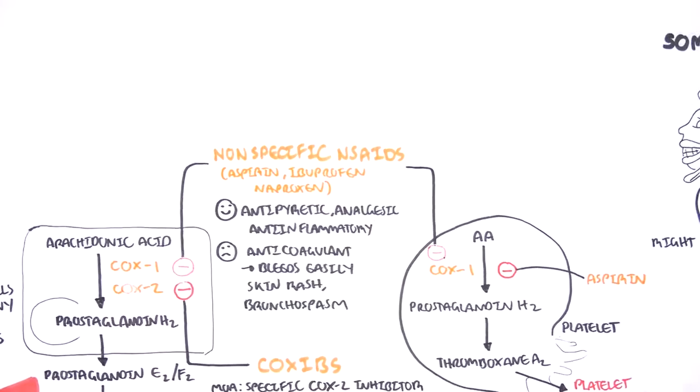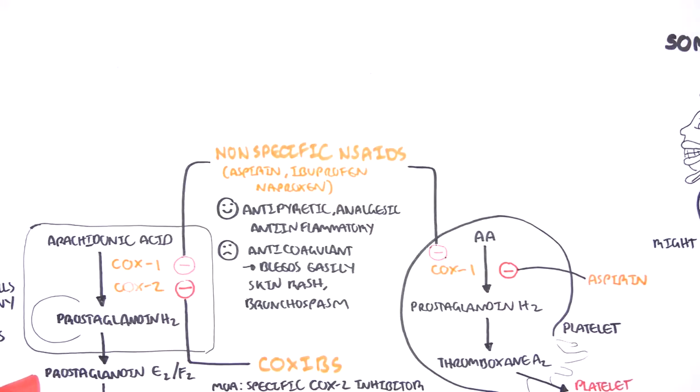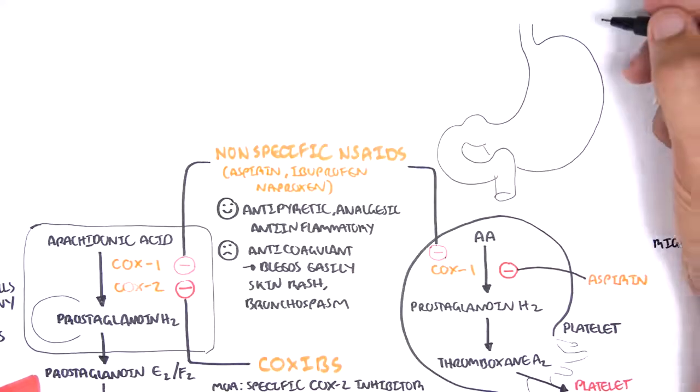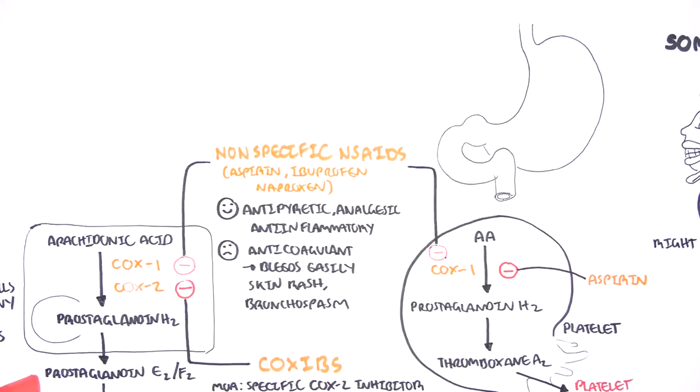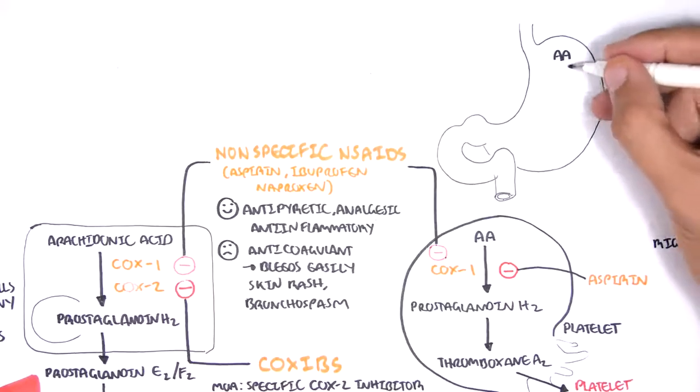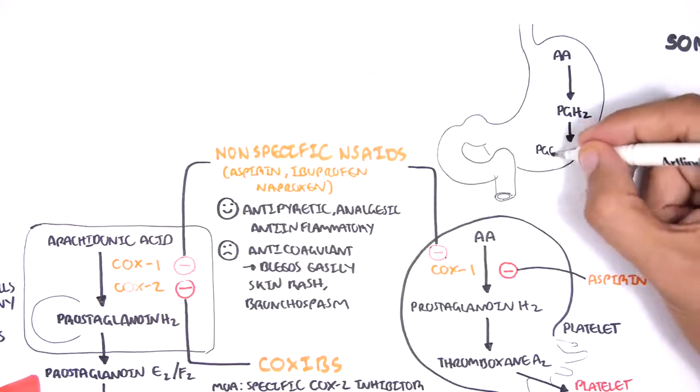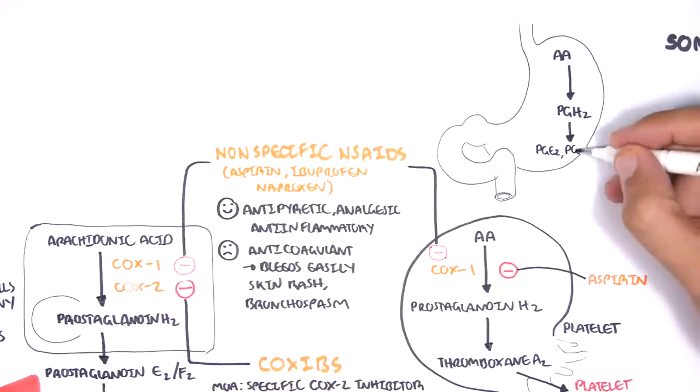Unfortunately, COX-1, as mentioned earlier, is normally active and maintains homeostasis of the body, particularly in the stomach and in the kidneys. And so inhibiting COX-1 can have some bad effects on these organs. In the stomach, for example, COX-1 converts arachidonic acid to prostaglandin H2, which then forms prostaglandin E2 and prostaglandin I2.